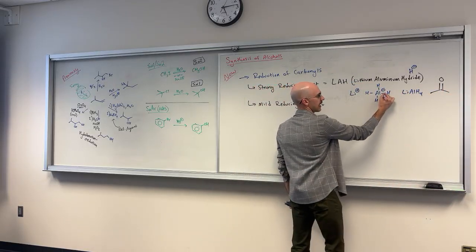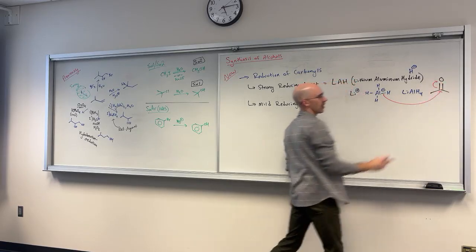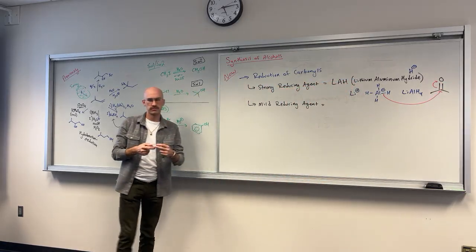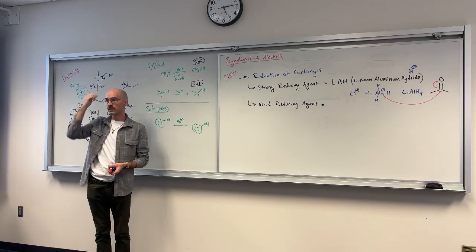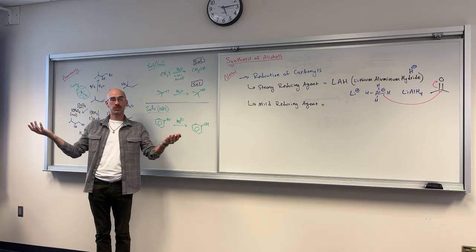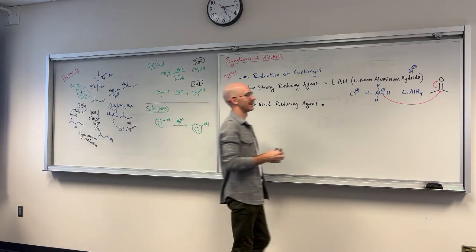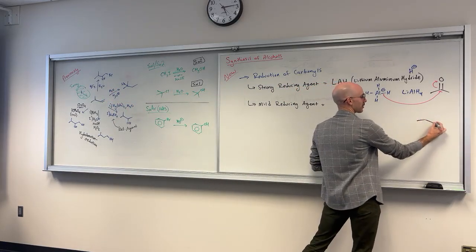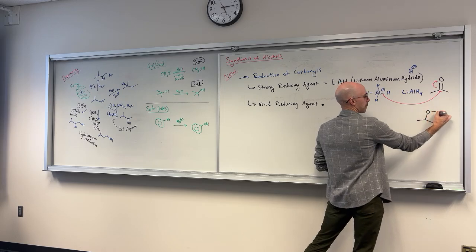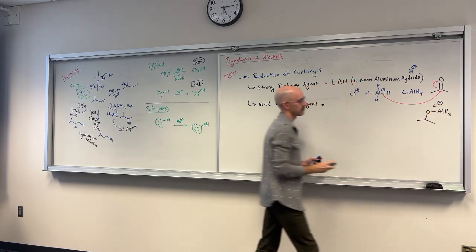Hydrogen takes electrons away from aluminum and shares them with the carbonyl. You can see how by adding a hydrogen to the carbonyl carbon, I'll create an alcohol. No, I don't, though. What I actually create is this complex.